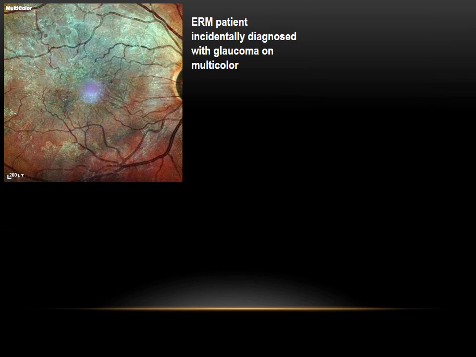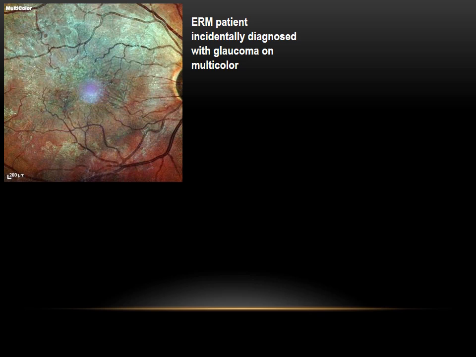This is a patient who was being evaluated for an epiretinal membrane who was incidentally diagnosed with glaucoma by a retina specialist because he had the luxury of viewing this on multicolor. And on multicolor, though the epiretinal membrane is clearly visible, there is also a very clearly visible nerve fiber layer defect extending up to the optic nerve.